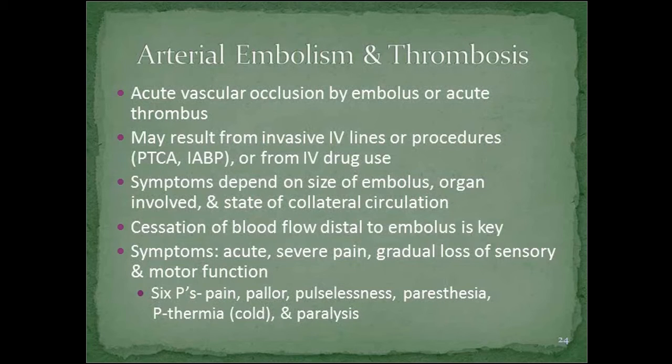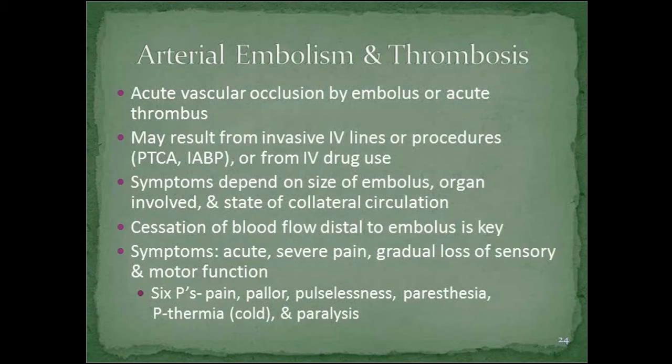Arterial clots can develop as a result of heart cath, PTCA, having a balloon pump in place. They can also develop, and I talked a little bit about this before, as the result of IV drug abuse. So, you kind of want to know your patient and their history.